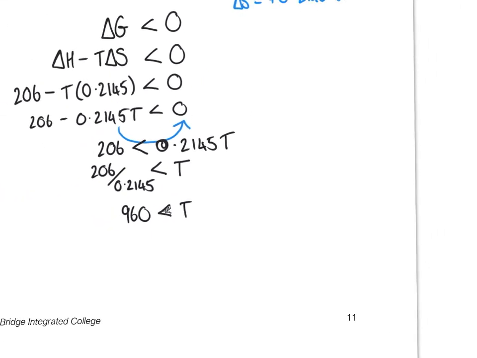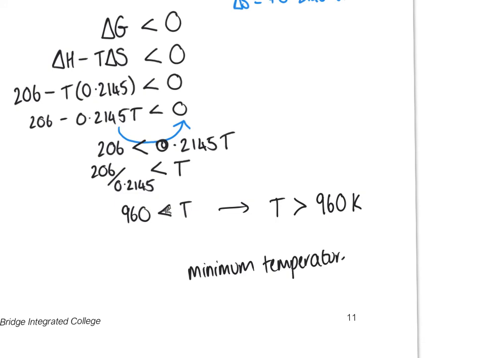In a second it will matter. If we write that, it means that the temperature has to be greater than 960 degrees Kelvin. I flipped that round, but I've kept the crocodile still eating the temperature. Is that okay? Okay, so that means that the minimum temperature for this reaction is 960 degrees Kelvin.